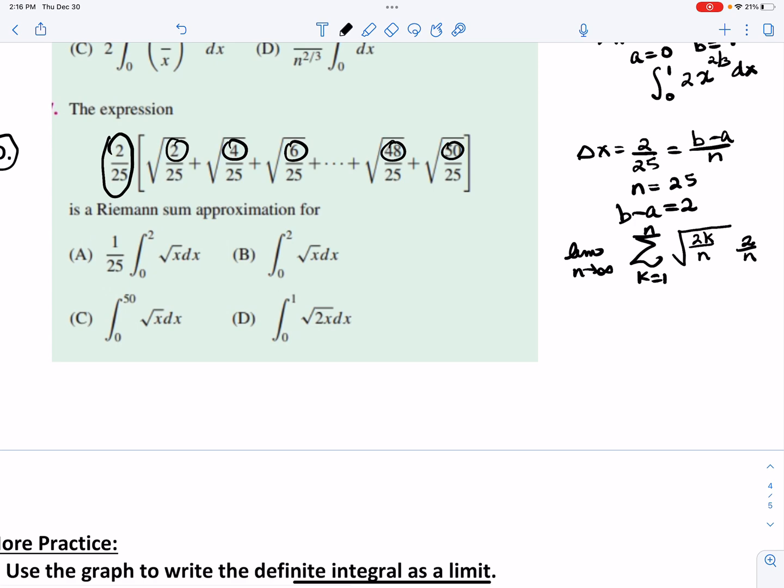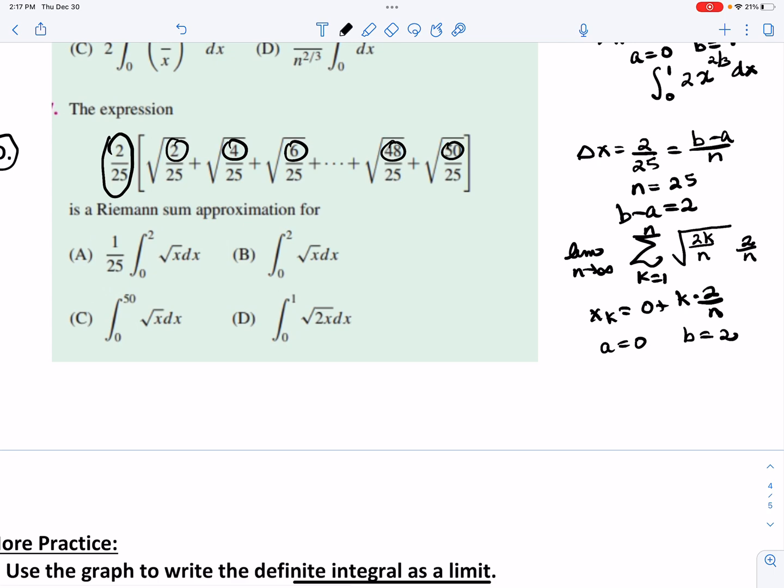So here, if x sub k is 0 plus k times 2 over n, which is consistent with our analysis, then a is 0, which would make b equal to 2. So the limits of integration are 0 to 2, so that knocks out 2 choices right there. But what's going on?